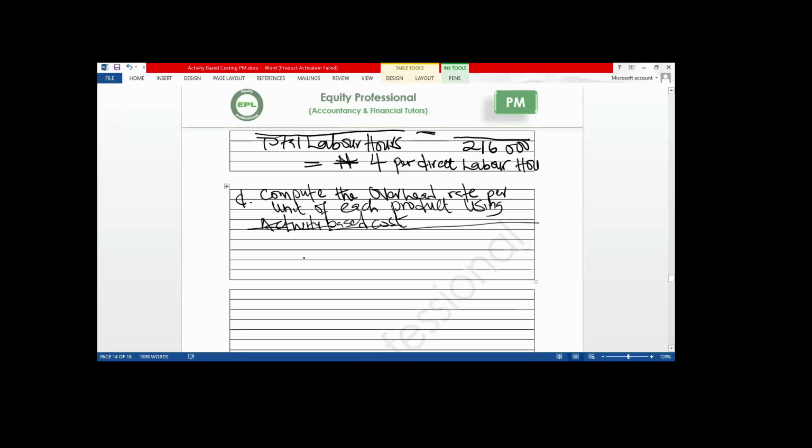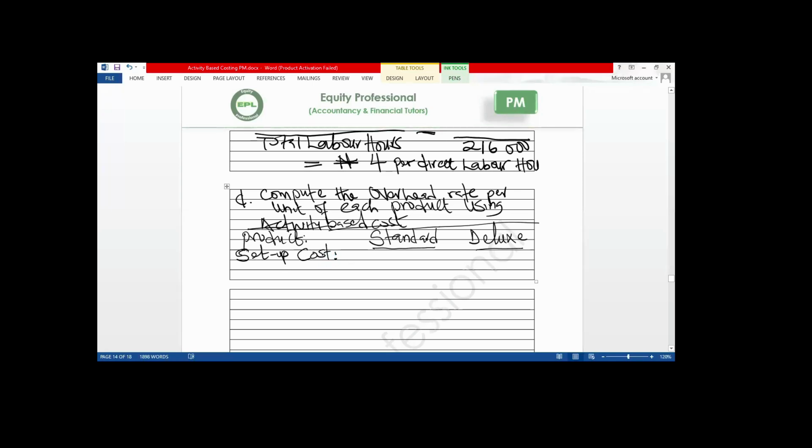You have the products: standard and dealers. You start with the first overhead, the setup cost.